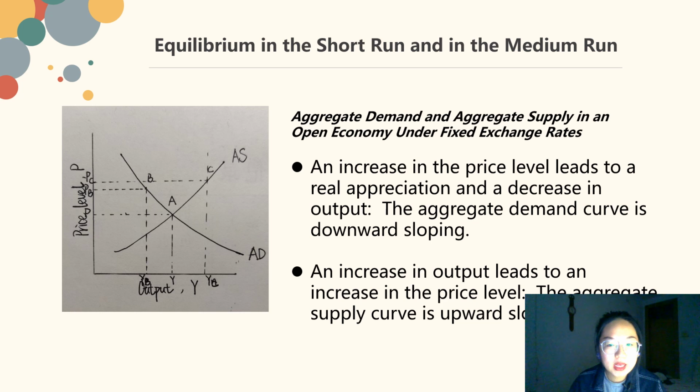For the aggregate supply curve, we can see point A and point C. The difference between point A and point C is that output will increase and the price level will increase too, so the aggregate supply curve is upward sloping.